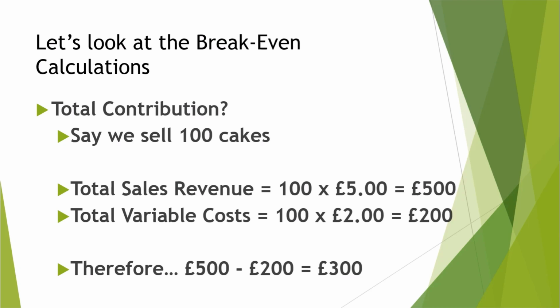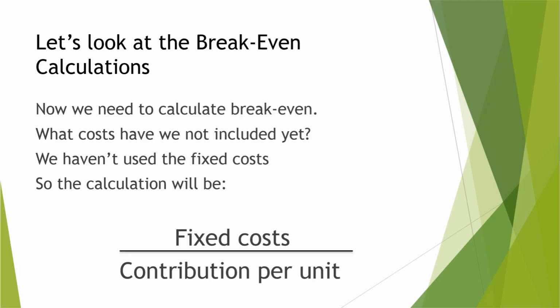Therefore, I take my £500 total sales revenue, I minus my total variable costs, and that would equal £300. We've already calculated that my contribution per unit was £3, so another alternative to calculating total contribution is taking the number of cakes I've sold at 100 and multiplying it by my contribution per unit, which would then give me the same figure of £300.